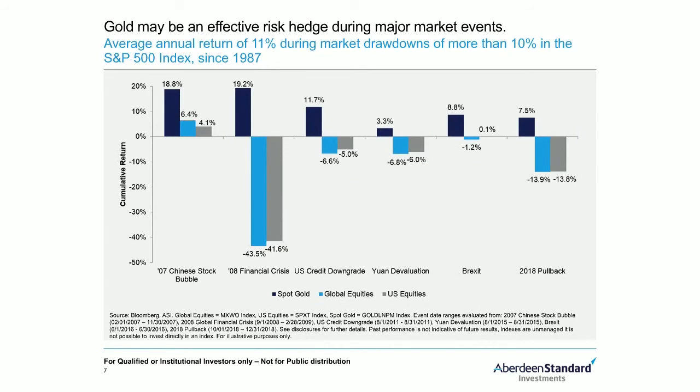Moving on to the next slide, I think this just highlights how this pattern of return manifests itself in your portfolio. What this slide is showing is really 6 of the past major market events that we've seen, a downdraft in equities.